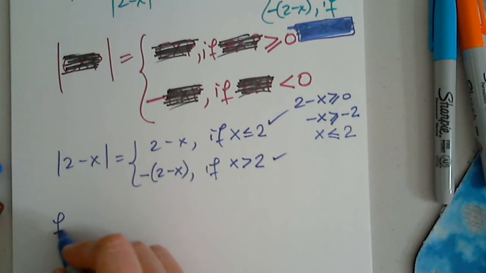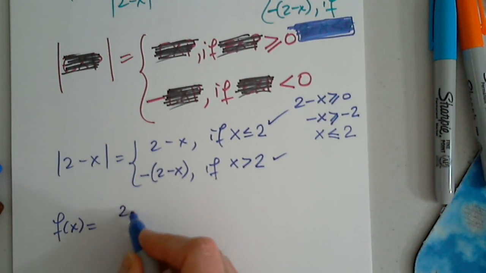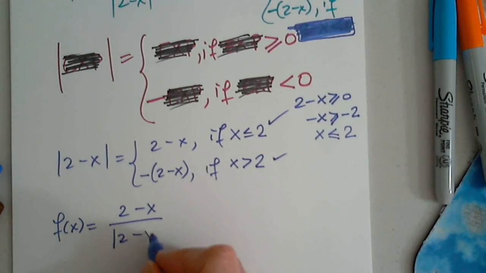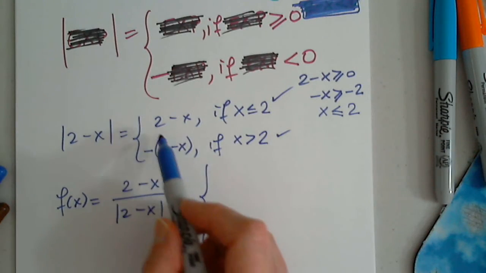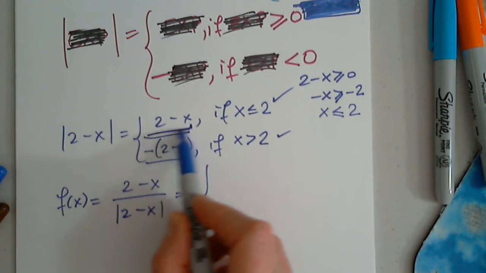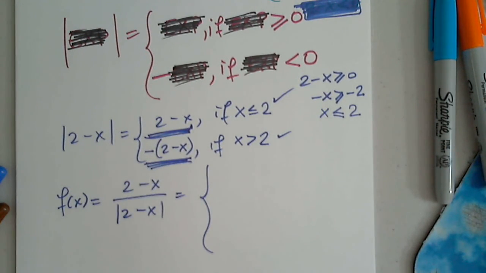So now I go back to the function, which is 2 minus x over the absolute value of 2 minus x. There must be two options because the absolute value has two different options. So can anyone give us the first option? 2 minus x over the absolute value of 2 minus x if x is less than or equal to 2.